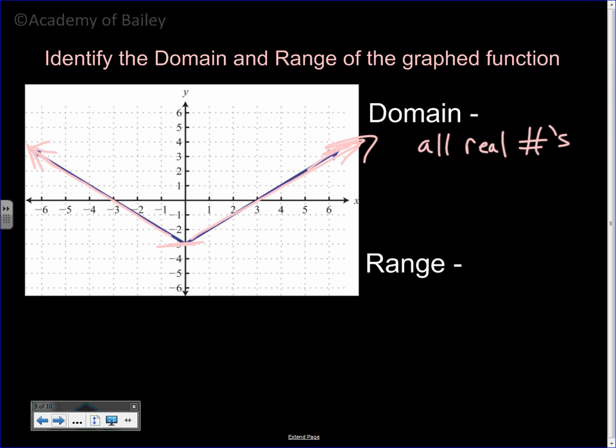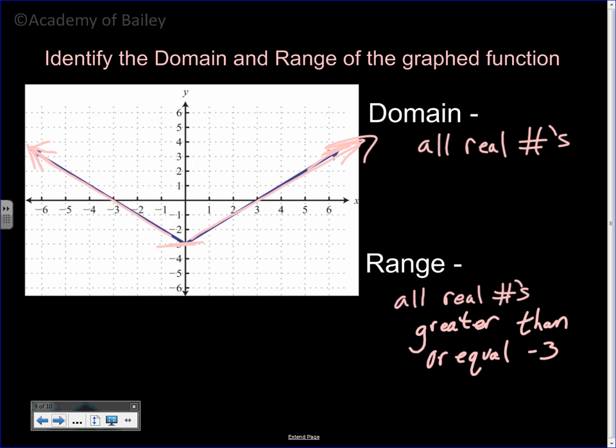So the range is all real numbers greater than or equal to -3. And that's the domain and range of that function that you see on the graph.